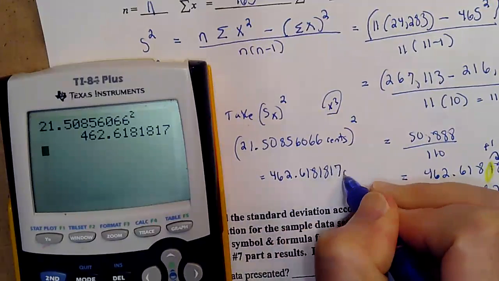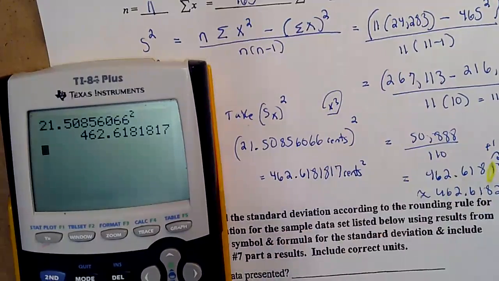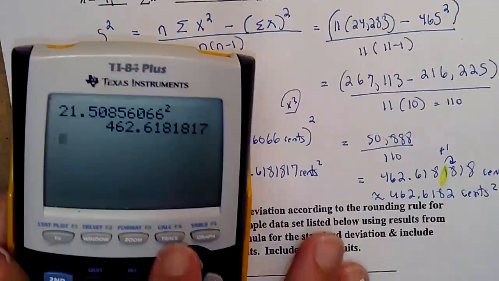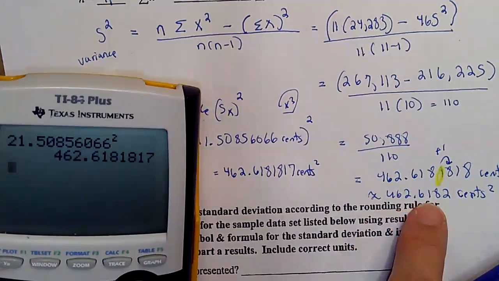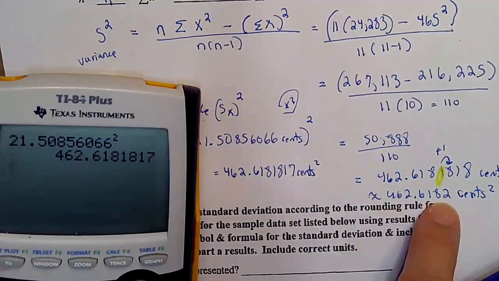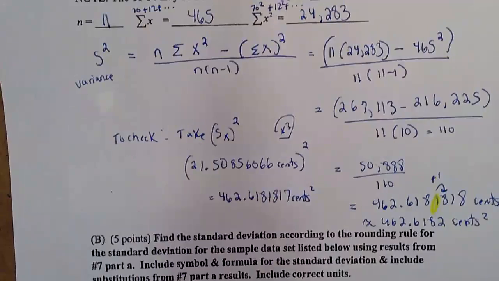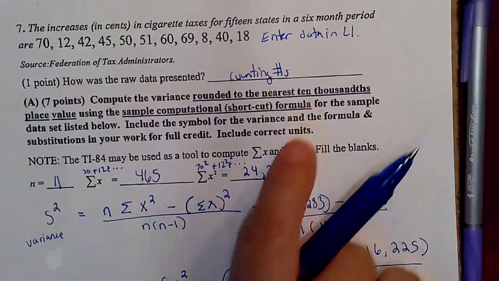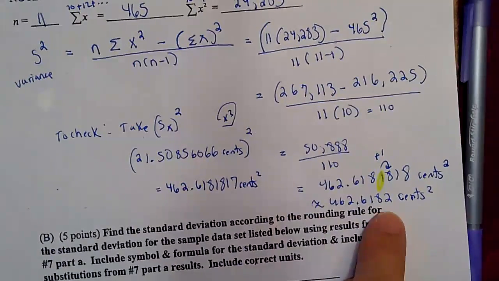And then it becomes cents squared because cents times cents is cents squared. See that? You feel confident. That's pretty close to this. So that would be the purpose, why I would have you go all out to 10,000, so that when you do a check like that, you can see those numbers at the end there.